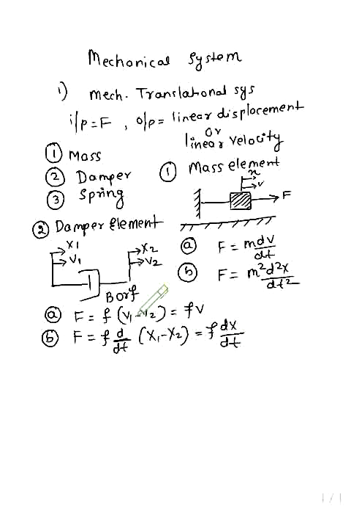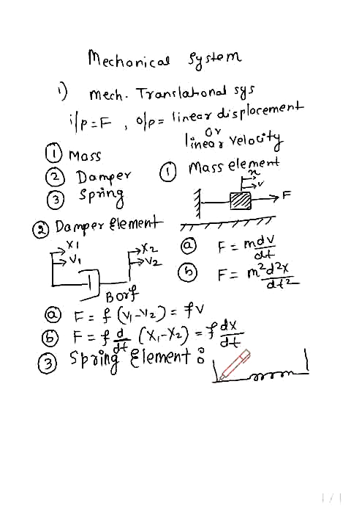Now we can represent the force equation in terms of the velocity. F is equal to small f into (v1 minus v2), or we can represent it as f into v, where v is the velocity difference between v1 and v2.